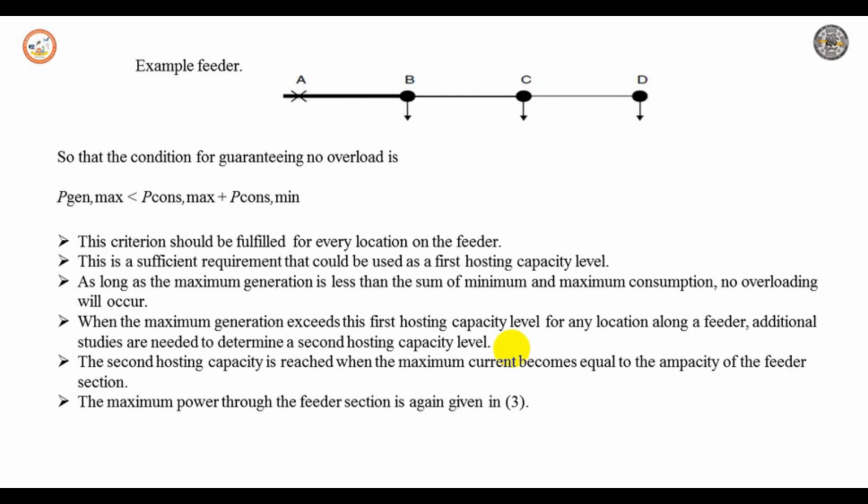Here the power generation maximum is usually less than the power consumption minimum plus the power consumption maximum. This criterion should be fulfilled for every location on the feeder. So this sufficient requirement could be used as a first hosting capacity level.